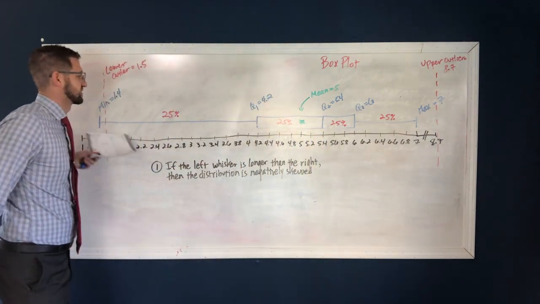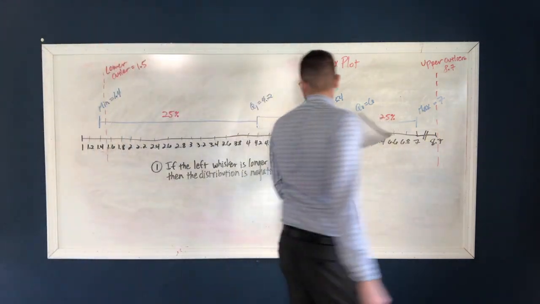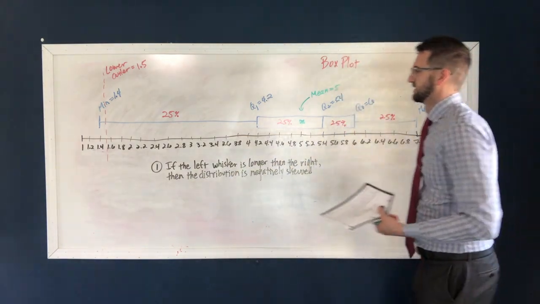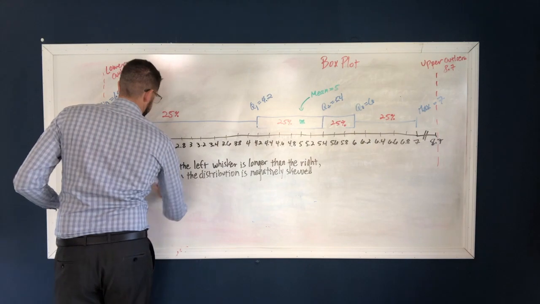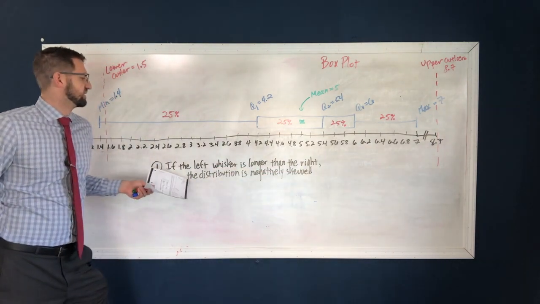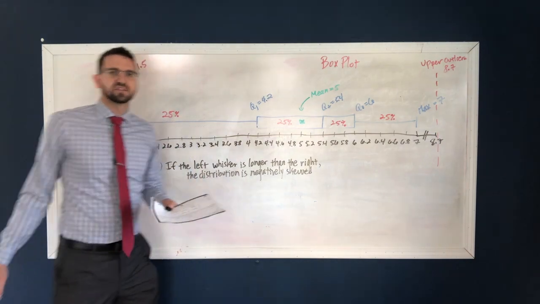If the left whisker is longer than the right, the distribution is negatively skewed.